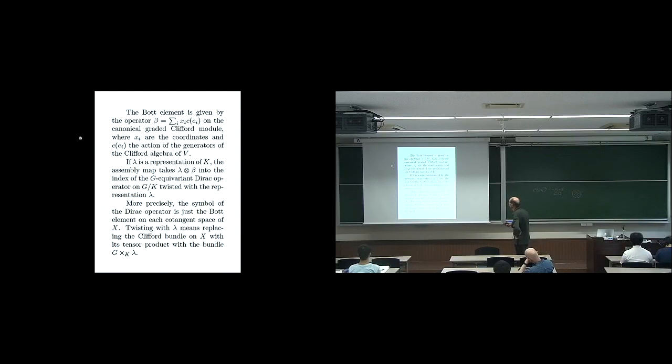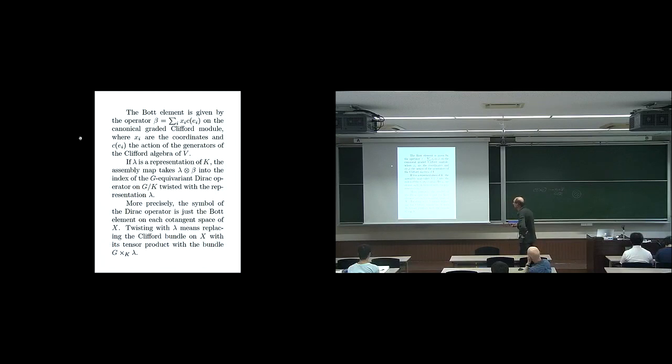Now the Bott element is just this kind of thing. It's a multiplication by the coordinate function times Clifford multiplication by the dual element of the Clifford algebra. When you make a Fourier transform, when you pass from the symbol to the operator, the corresponding operator on G mod K will be what is called the Dirac operator.